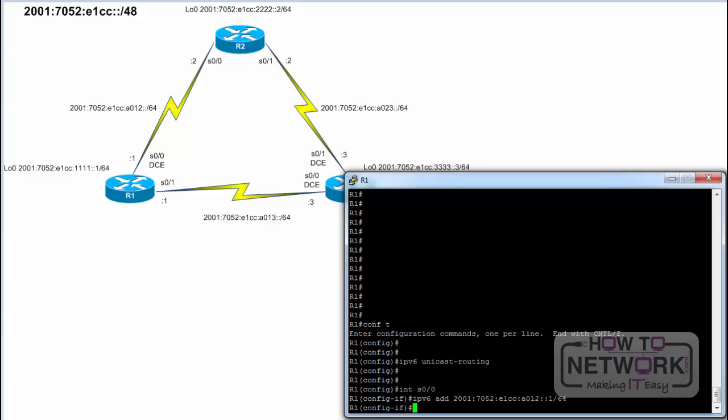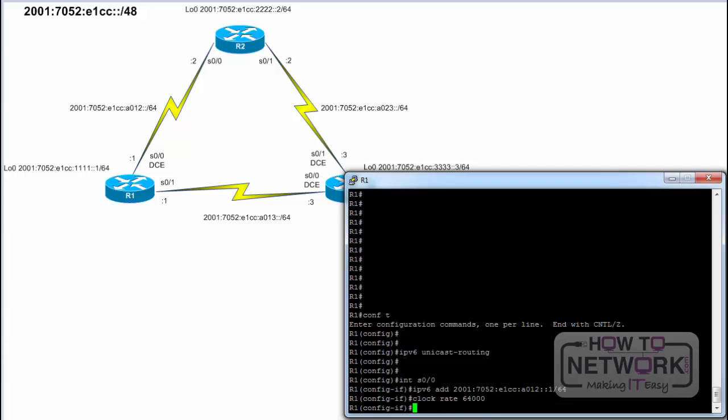This side is a DCE side, so we need to configure the clocking. Clock rate 64000. No shutdown. End.